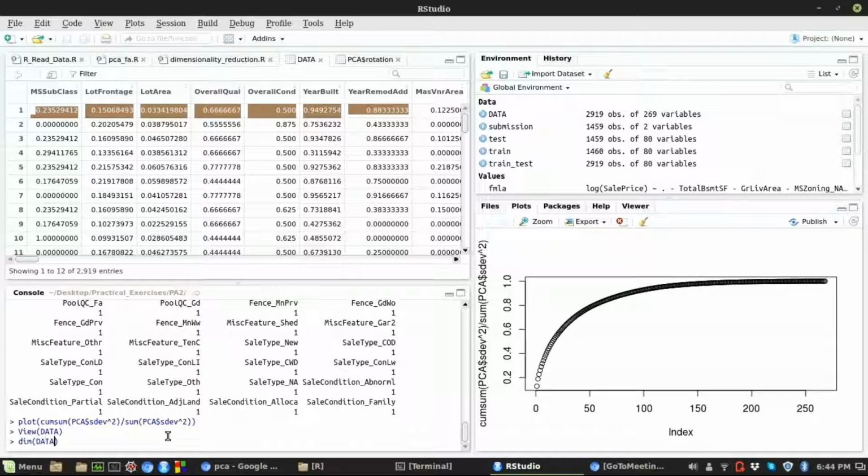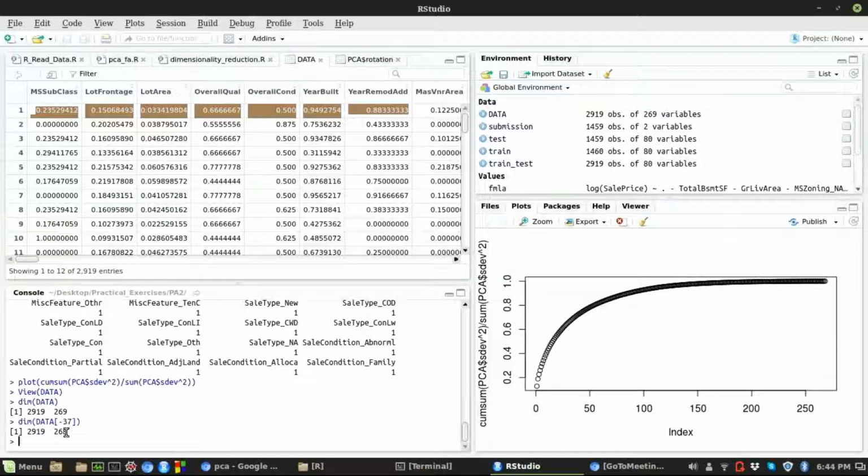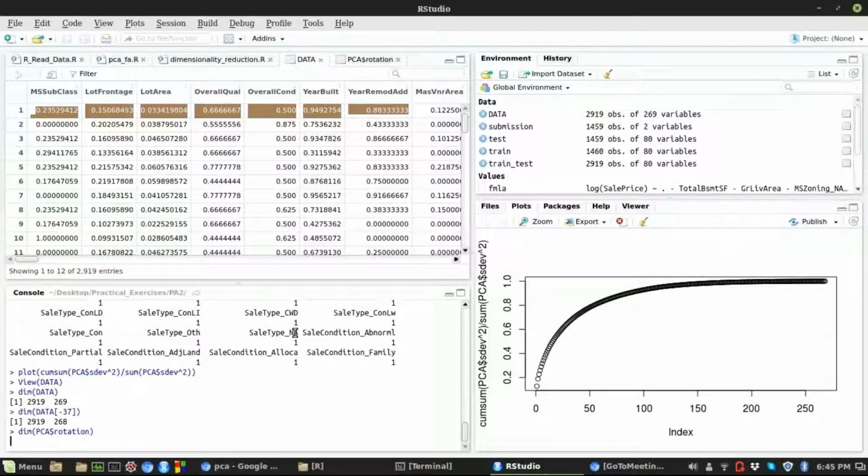The dim of data: this is obviously 2919, the number of rows, by 269. Oh, we need to drop off the sale price. Right. So 2919 by 268. These are the 268 original variables. Then you have the rotation matrix, the dimension of PCA dollar rotation. What will be the dimensionality of this? 268 by 268.